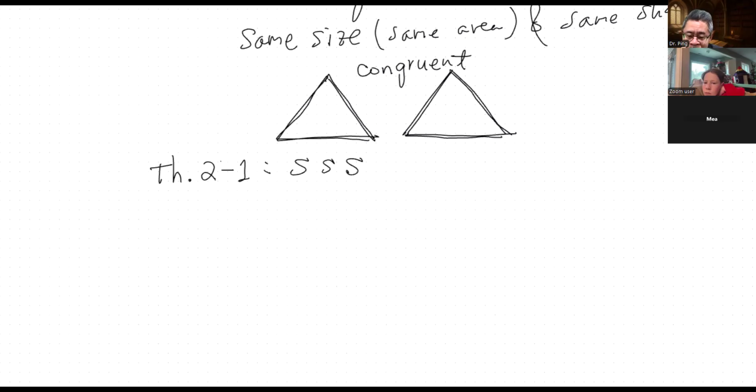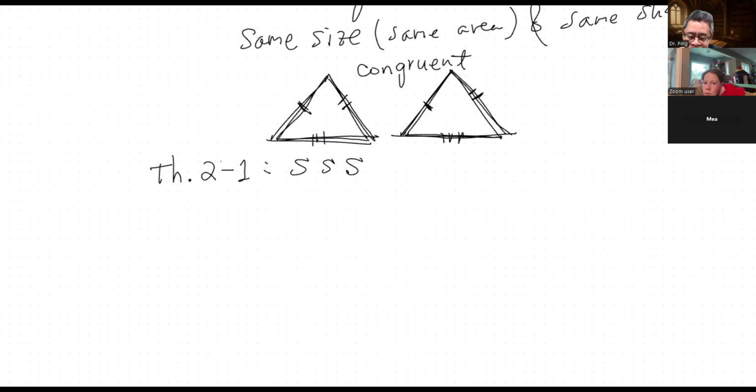So SSS means if two triangles have sides, like this side corresponding to this side, and this side corresponding to this side, with the same length, and this side and this side have the same length, so we have this side the same length as that side, then we call them congruent.